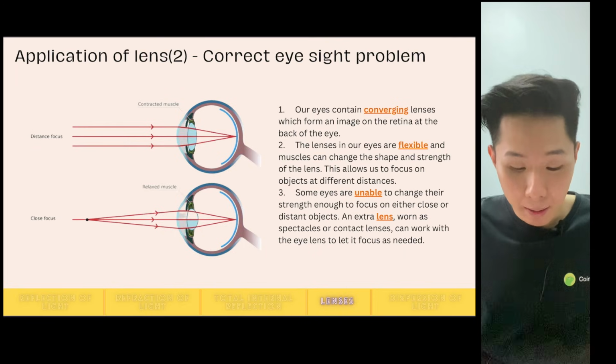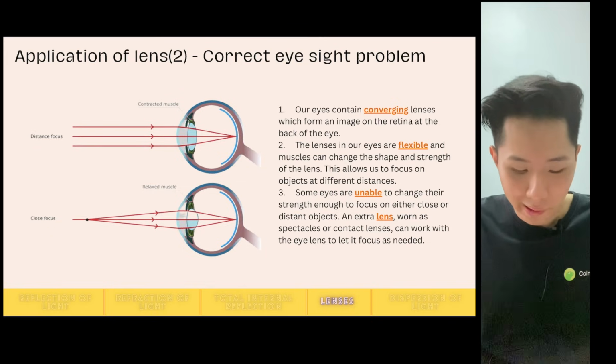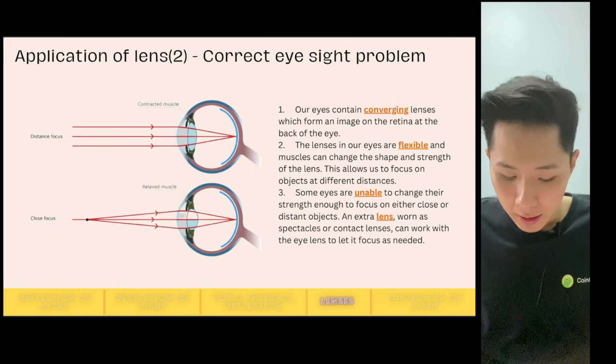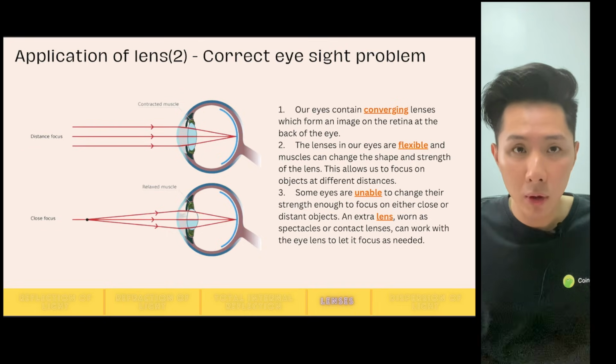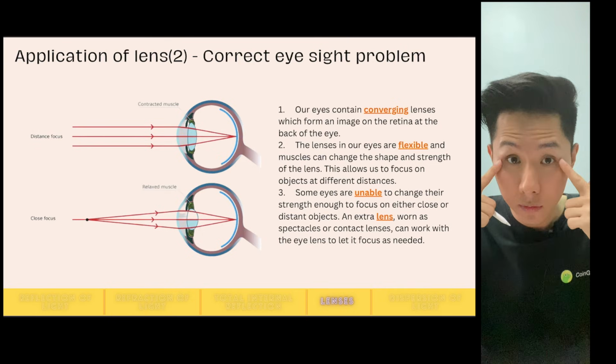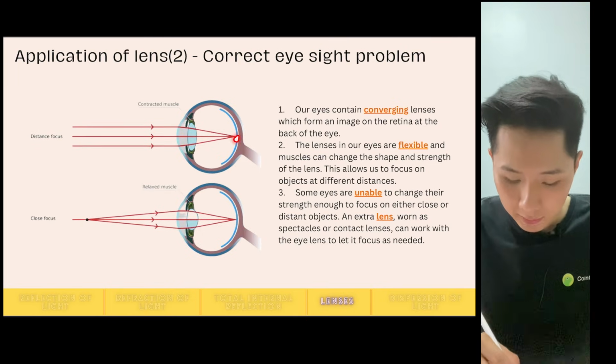Let's look into another application of lenses, which is to correct eyesight problems. If you are wearing glasses, this will relate very much to you. I don't wear glasses. Why is it that some people need glasses and some don't? So here's some knowledge. Our eyes actually contain converging lenses that help us to direct the light onto our retina.